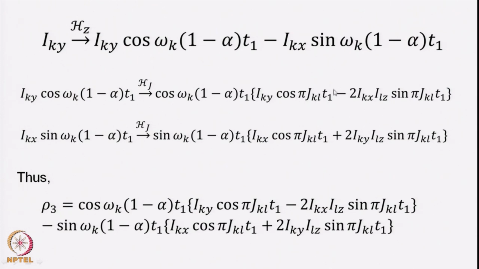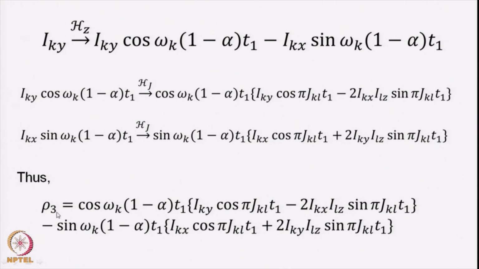Now, you notice here for T1 I have only pi J kL, because the coupling constant evolves for the period T1 and there is no multiplication of alpha here. The second term gives you IKX sin omega k 1 minus alpha T1 evolves under the coupling as sin omega k 1 minus alpha T1, and inside bracket you have IKX cosine pi J kL T1 plus 2 IKY ILZ sin pi J kL T1.